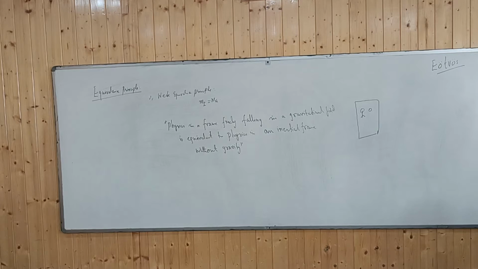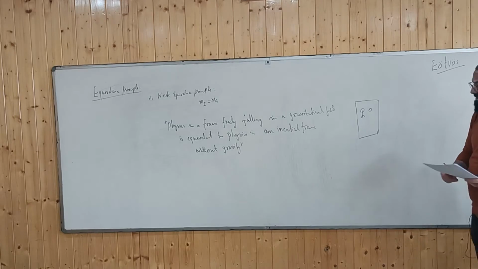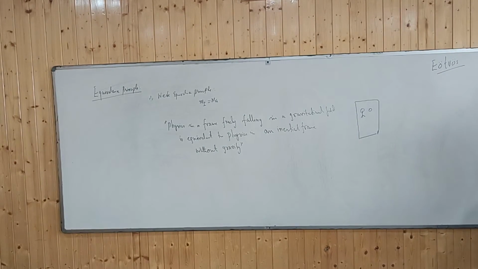Say you are accelerating an elevator with 9.8 meters per second squared. The observer within that elevator will not be able to identify whether he is in a gravitational field or accelerating. He cannot distinguish between the two. Clear?